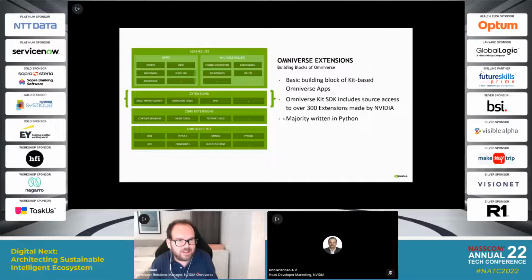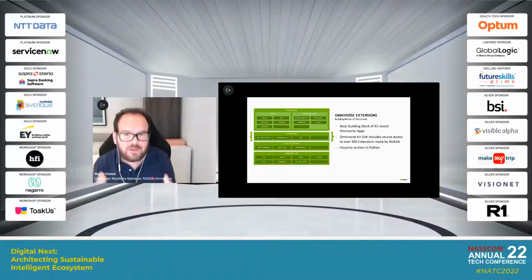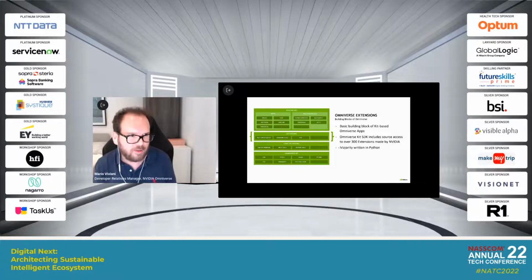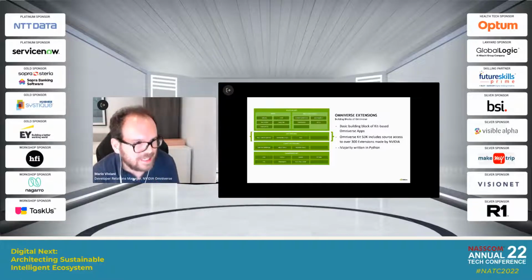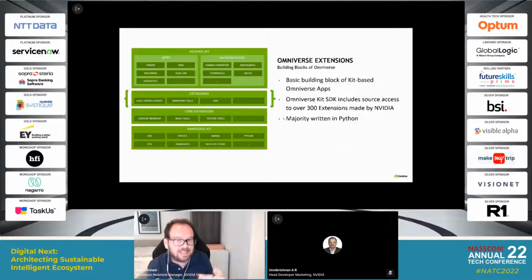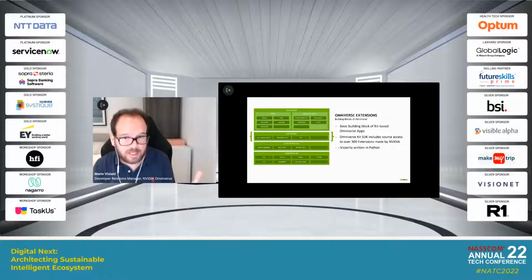Then there are extensions. Extensions are individual pieces of software that can work in concert to connect to your workflow. There are examples of very basic extensions like the content browser or the file browser or the mesh tool or texture tools. All of these are extensions. And then there are extensions that you as a creator, as a developer, or as a vendor can create on your own. All these extensions, the majority of which are written in Python, working in concert and being put together make apps.